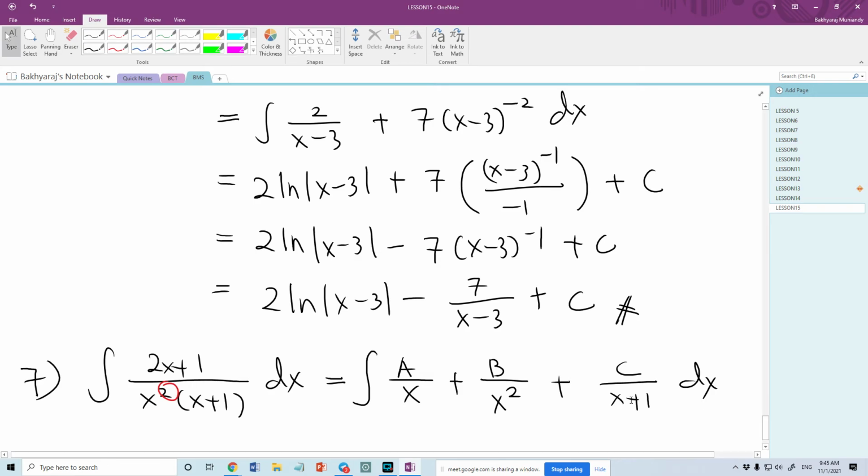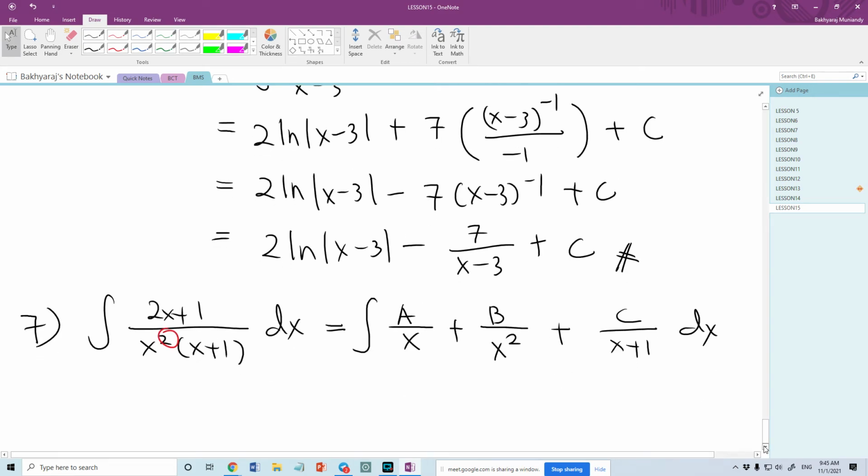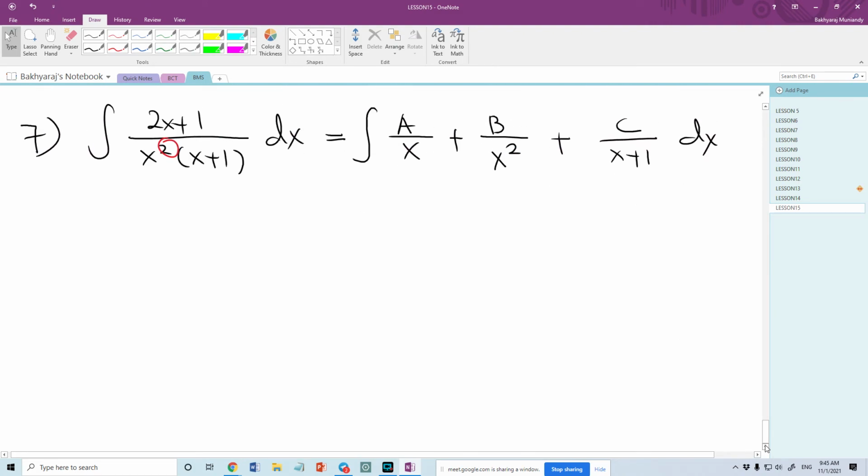Okay. Next, we continue with the partial fraction.